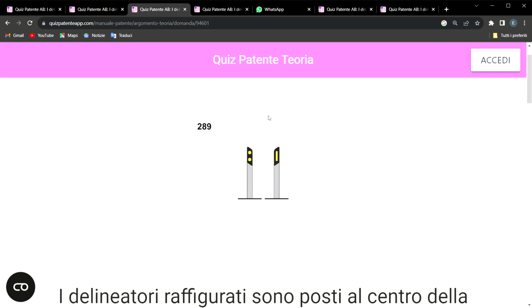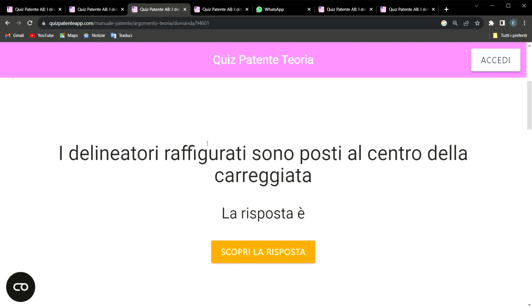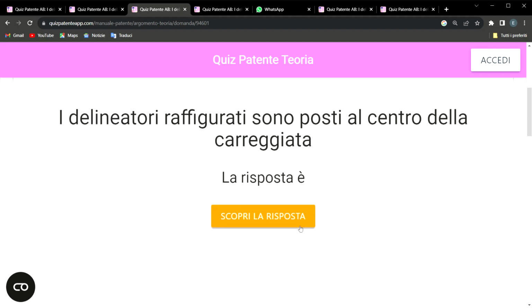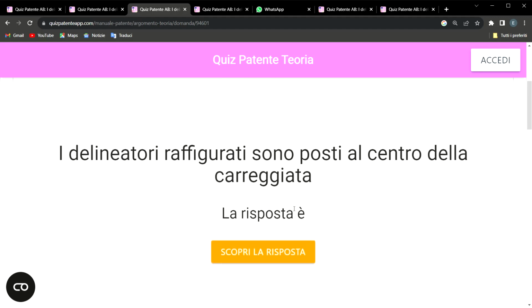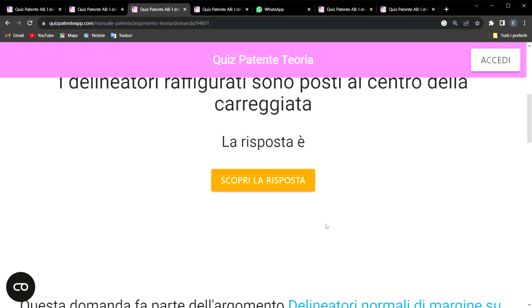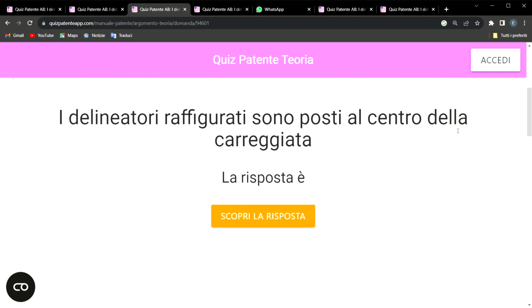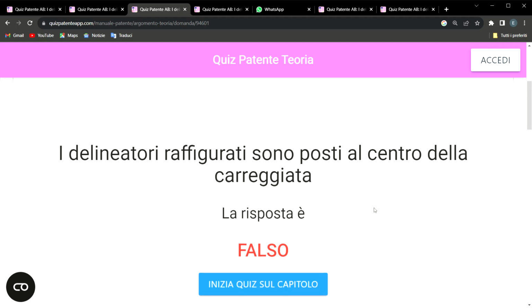And again, we have another question. This one says i delineatori raffigurati sono posti al centro della carreggiata. Vero o falso? The answer to this question is falso, because it says centro della carreggiata. Let me explain the reason.